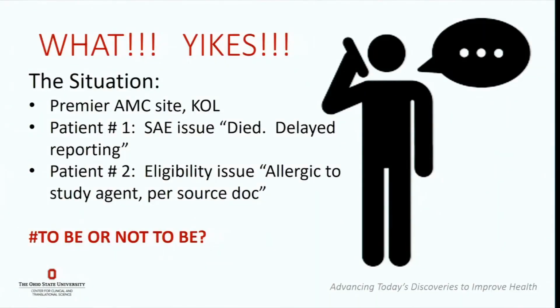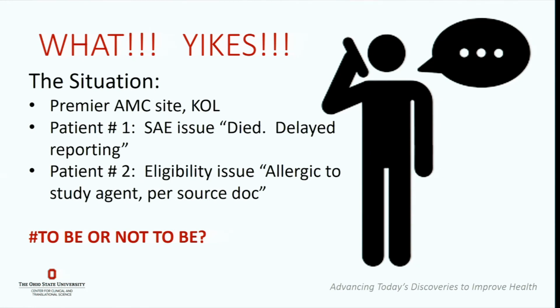She wants to know how she can commit assisted suicide, because the situation is that she has a premier academic medical site with the key opinion leader in this area who was the PI at the site.